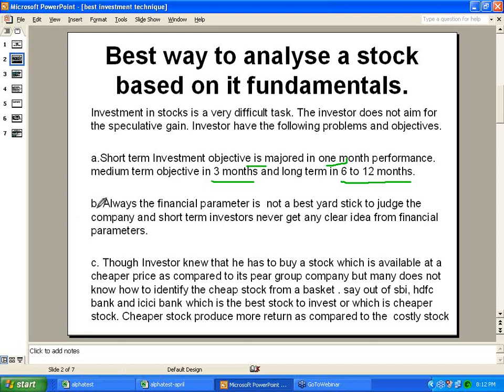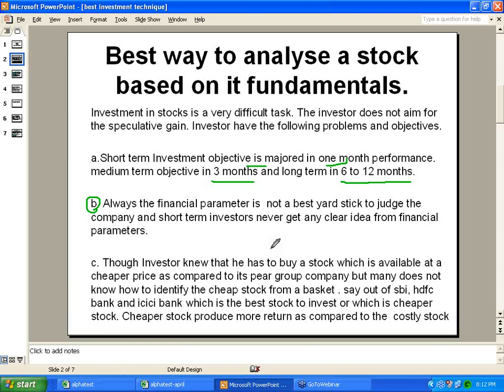And whenever we are following these financial yardsticks like your P ratio, earning per share, book value per share, debt equity ratio, they never prove to be the best parameter for our short-term investment decisions.